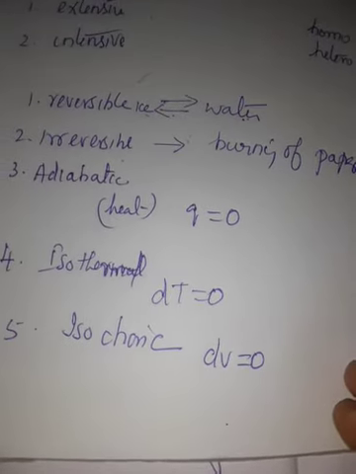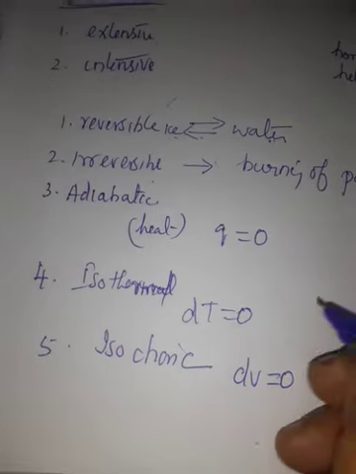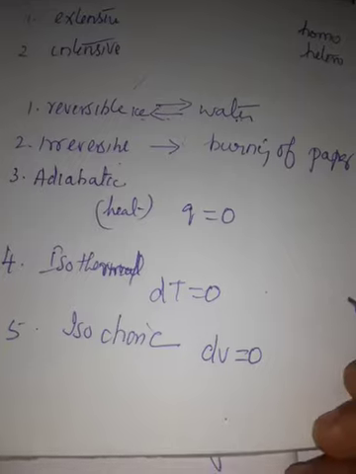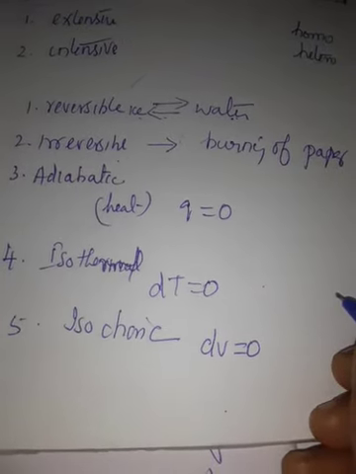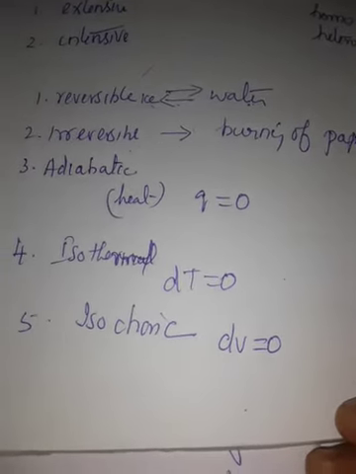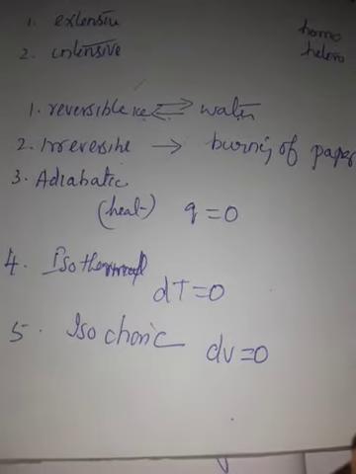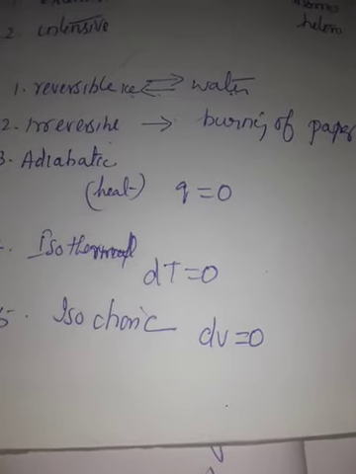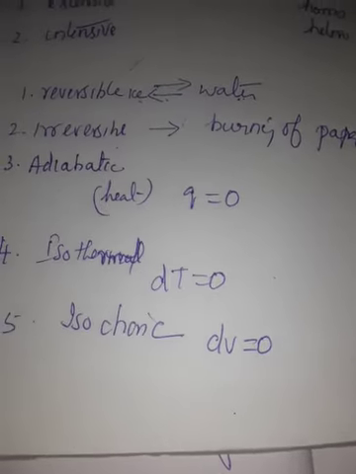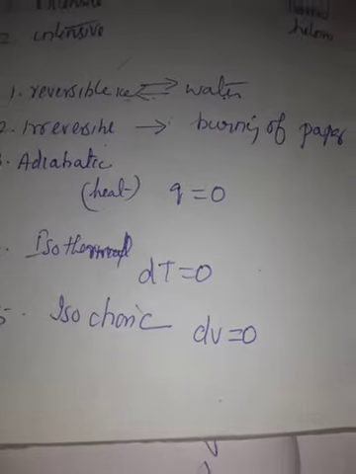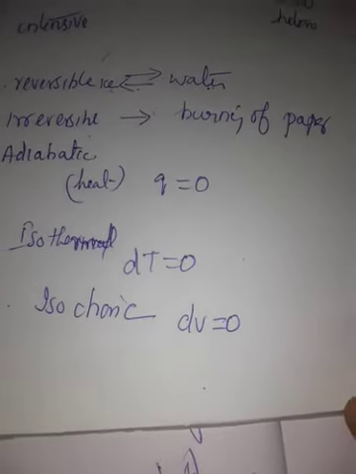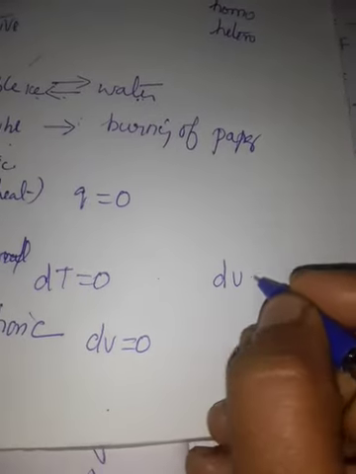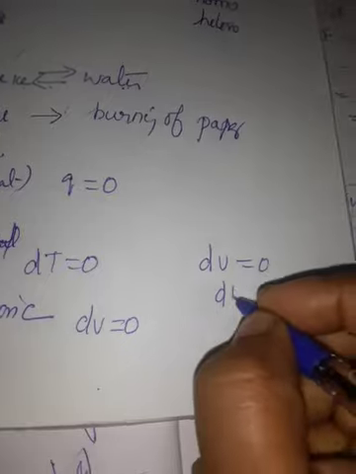Next, cyclic process. When a system returns to the original state after completing a series of changes, it is said to be a cyclic process. For example, rainwater reaches the sea, goes up to the atmosphere, becomes clouds, and comes back to the earth. This is a cyclic process. In this process, dU is equal to 0, dH is equal to 0.